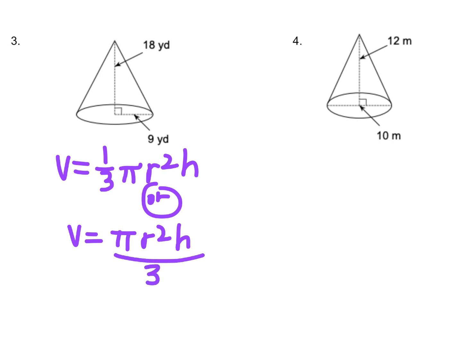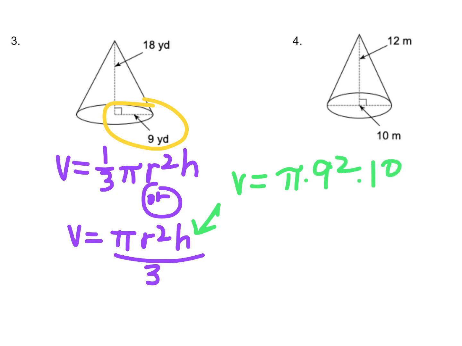Okay, so I need the radius and the height, and in this one I do have the radius, which is half of the circle. So I'm going to substitute that in here. I'm going to try this second formula. I'm going to do pi 9 squared times the height of 18, and then I'm going to divide all that by 3.